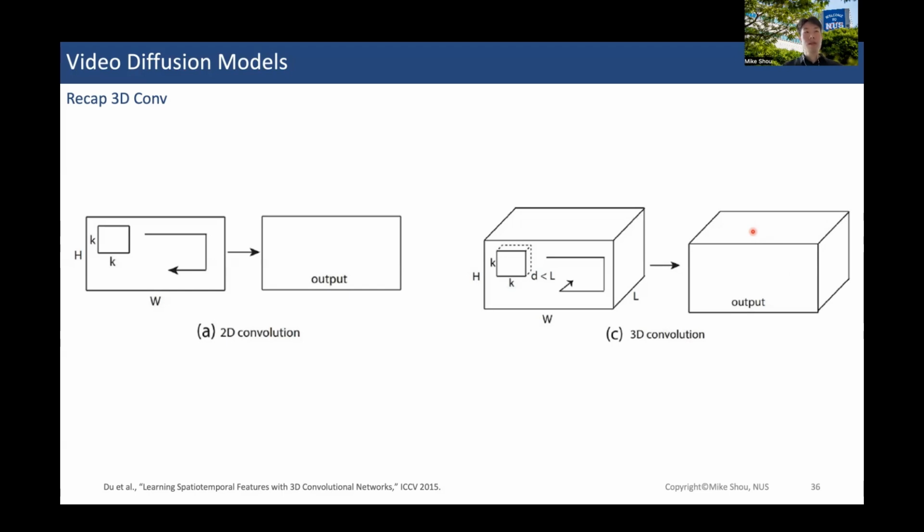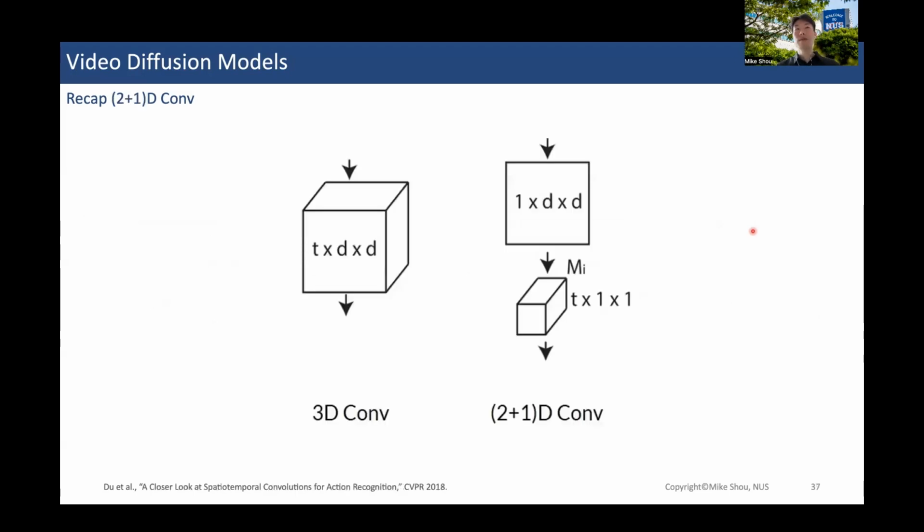So this is quite effective, but later on, people wanted to improve its efficiency, because we know this k by k by d 3-dimensional kernel is quite computationally expensive. And then people came up with this smart idea of the so-called 2+1D.